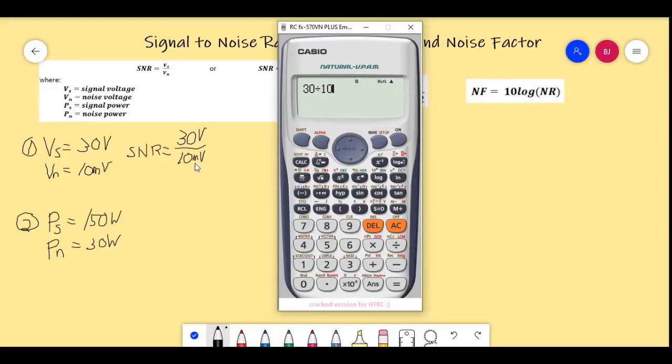Be careful that you include the prefix as part of your calculation. Normally, if they have the same prefix, you can actually divide them directly, as mentioned in our first supplementary video. But because they have different prefix, the top one or the numerator having no prefix, the bottom one having a prefix, we have to include the prefix. And milli is, of course, -3. And then it would show up as 3,000.